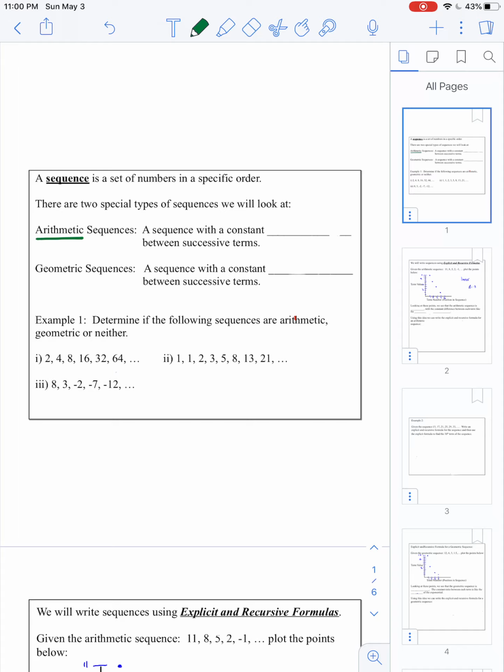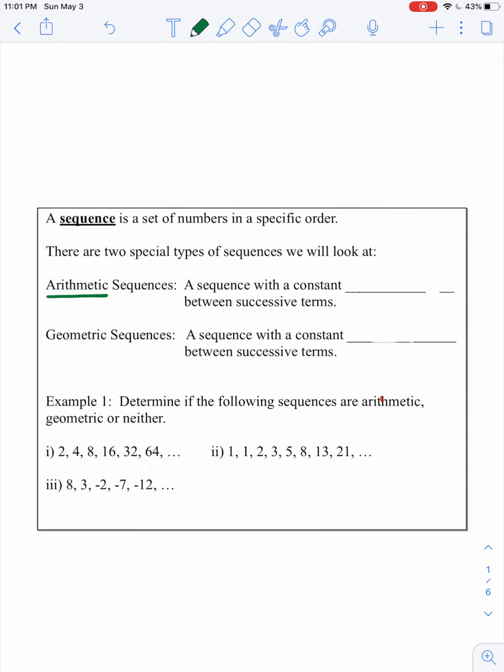Obviously that word looks like arithmetic, but when we put the emphasis on a different syllable, then we get arithmetic. So when we're talking about an arithmetic sequence, that is a sequence that has a constant difference. If there is a constant difference, then it is known as an arithmetic sequence.